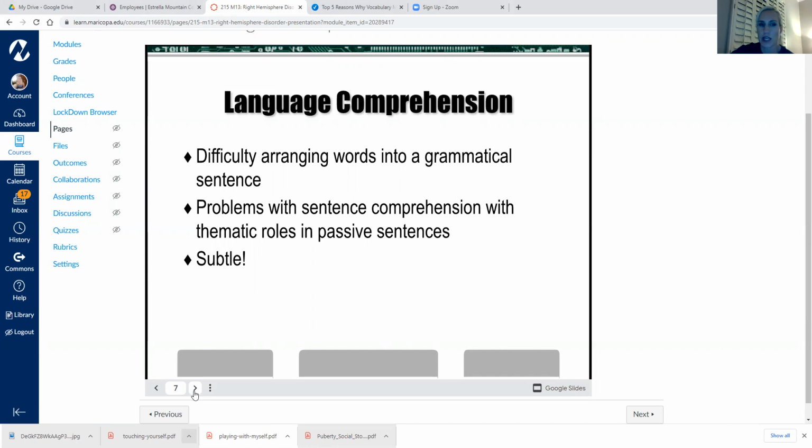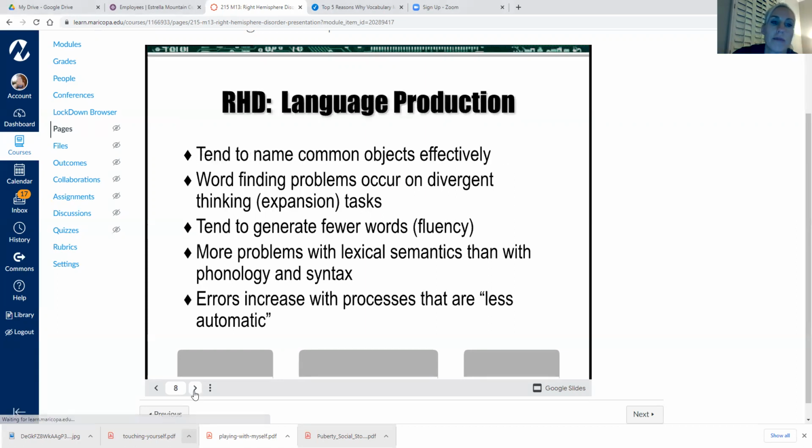We'll notice some things, but it's not that severe. It's real subtle, so it's not as prominent, and we don't see the word finding issues like we do in our more non-fluent aphasia patients. And definitely we'll see more problems with lexical semantics than with phonology or syntax.